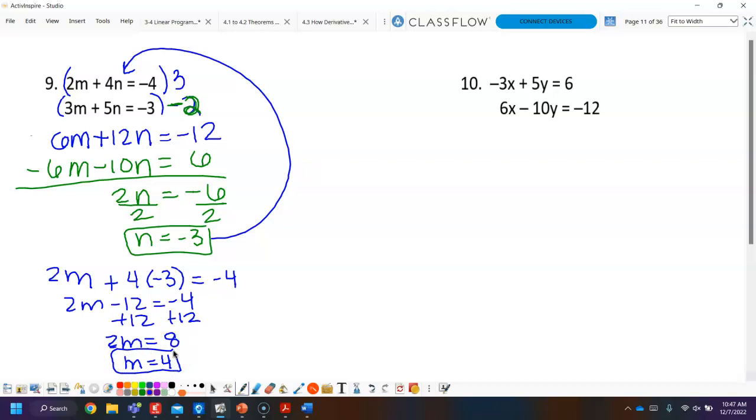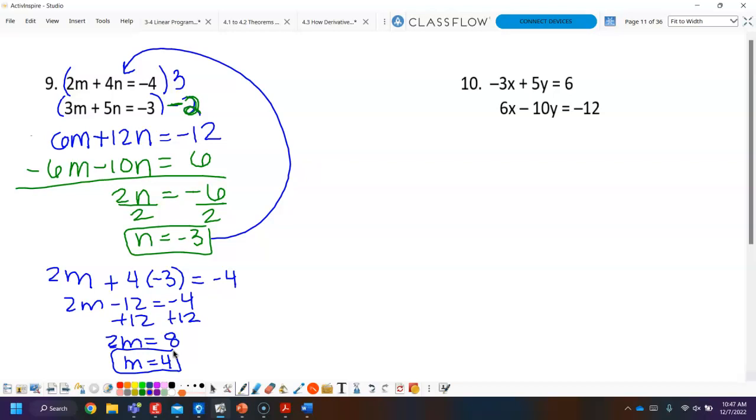So again, the two graphs are going to intersect at negative 3, 4. Two graphs that intersect have how many solutions? 1. They're also classified as what type of system? Your choices are independent, dependent, or inconsistent. Anybody know?